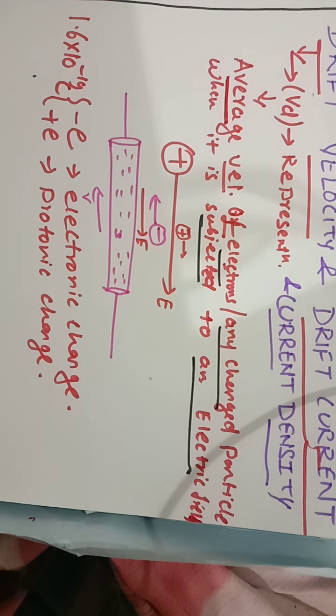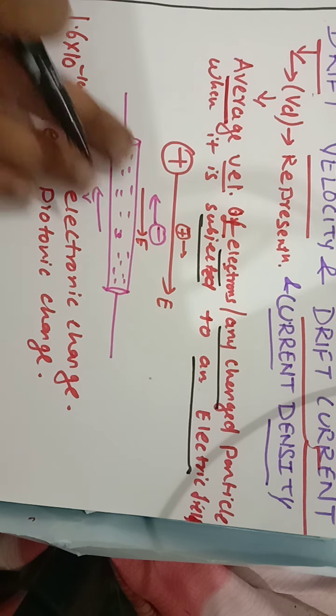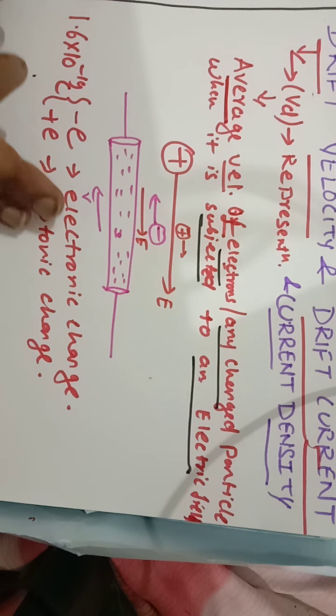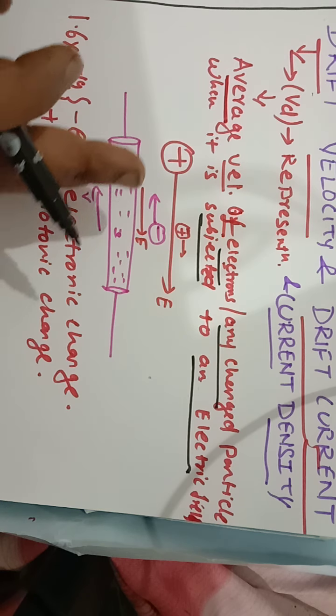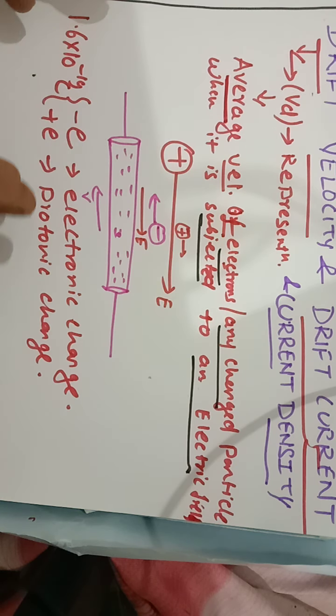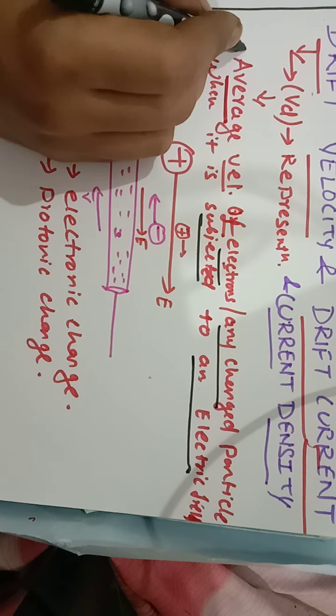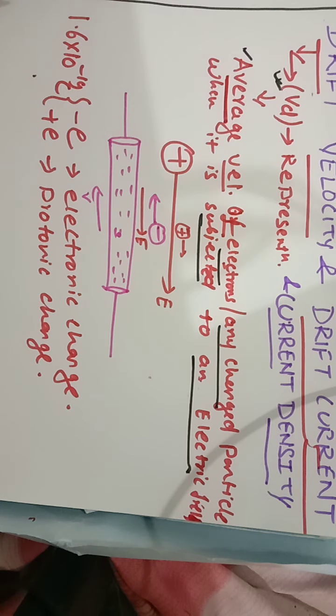Many electrons will move in some direction, opposite to the electric field. If we take the sum of all the individual velocities and take the average, that average velocity is the drift velocity.